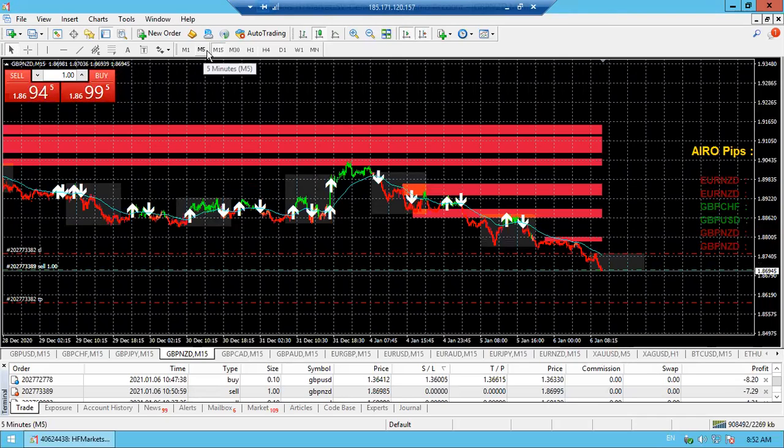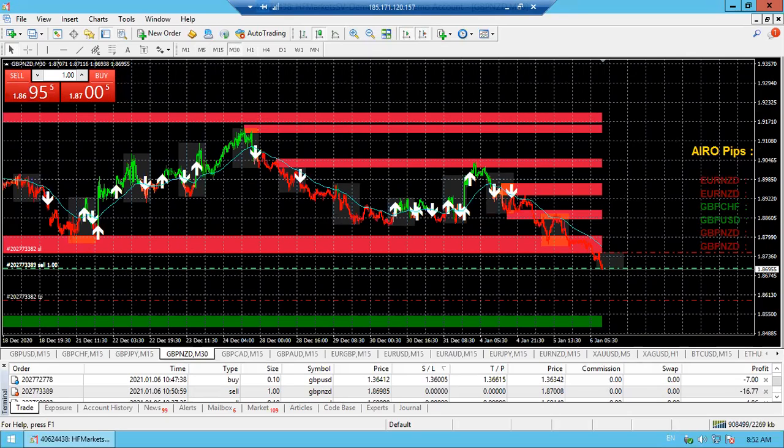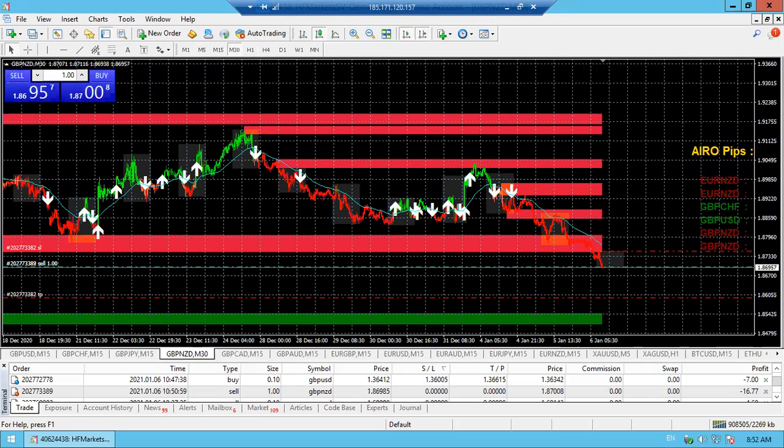So I'm monitoring it on my 15 minutes chart. Or let me monitor it on the 30 minutes because that's where I have a support instead. I'll monitor it here. If any green arrow pops up, no green arrow is going to pop up till it gets to the support.